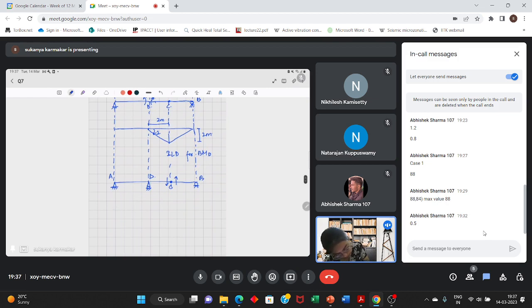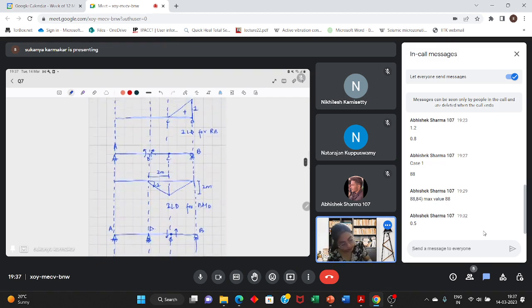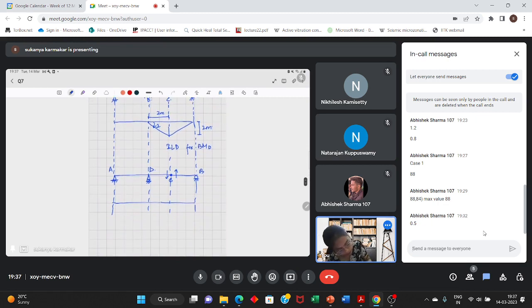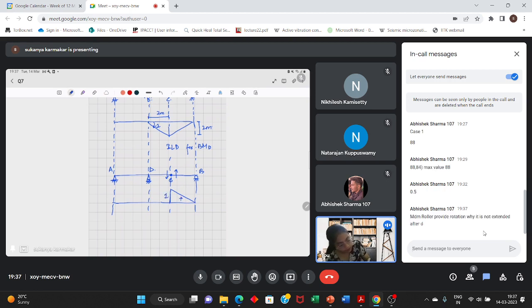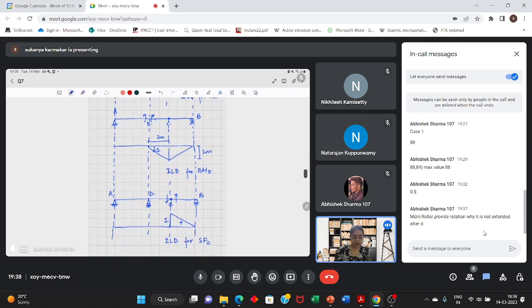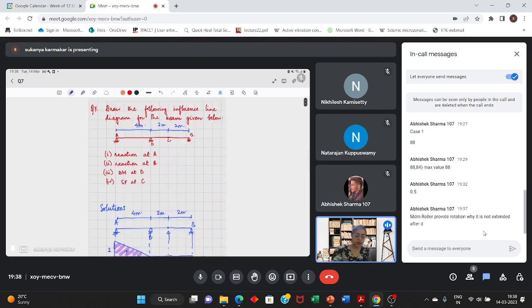So the only motion possible, you can push this up, this will move down, and this is one. This is ILD for shear force. So is this question clear?